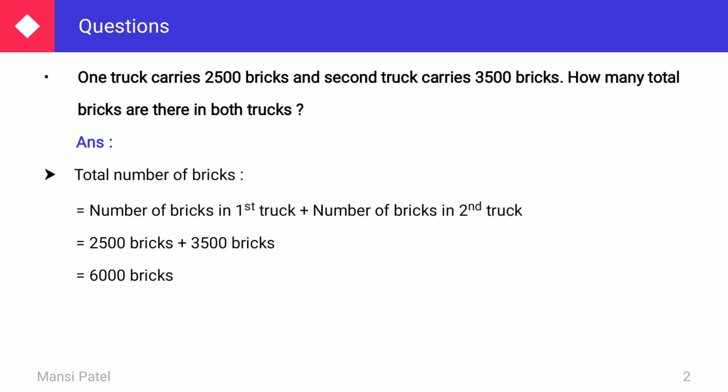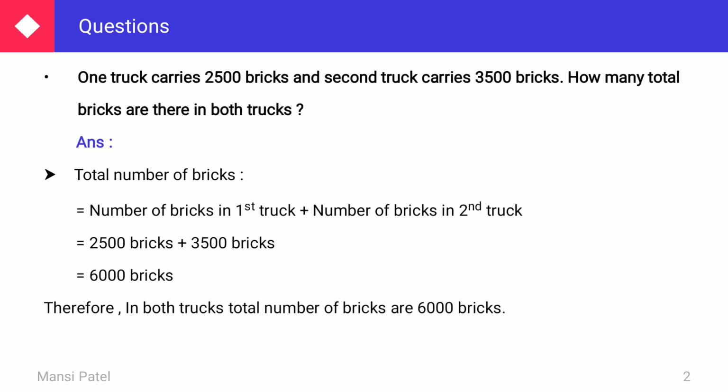Now this is your word problem, therefore you have to write down a conclusion statement. In the conclusion statement, instead of how many we have to write down 6000. Therefore, 6000 bricks are there in both the trucks, or we can say that in both the trucks the total number of bricks is 6000 bricks.